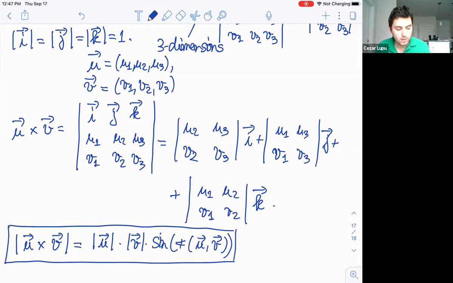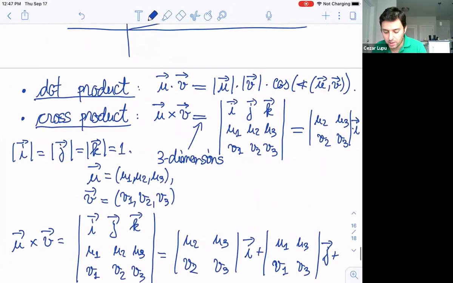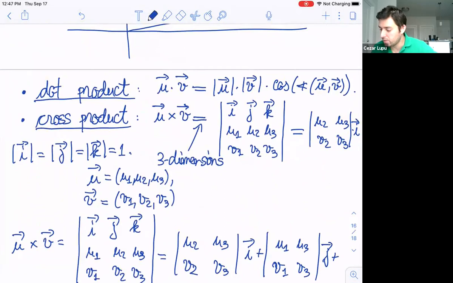Anyway, that was the important property. And of course, you know the properties of the dot product. I'm not going to go into this, and you know how it is defined and everything. You know it's positive definite, and so on.